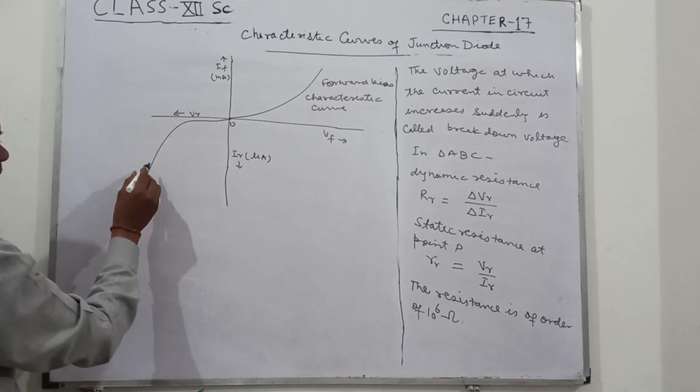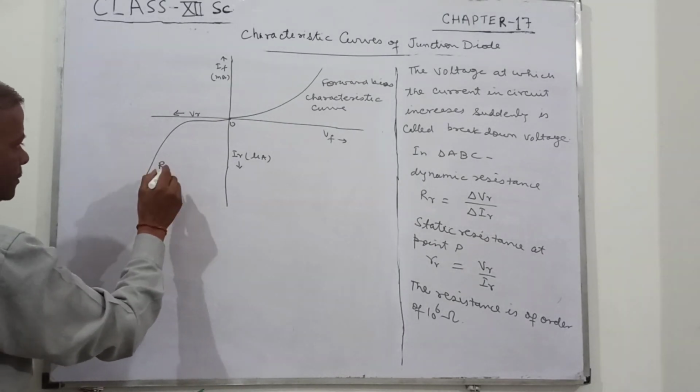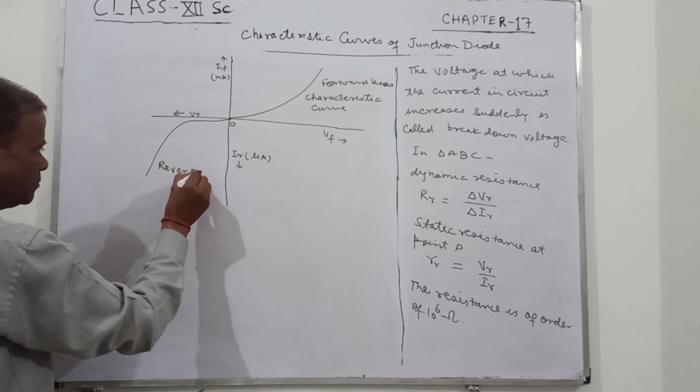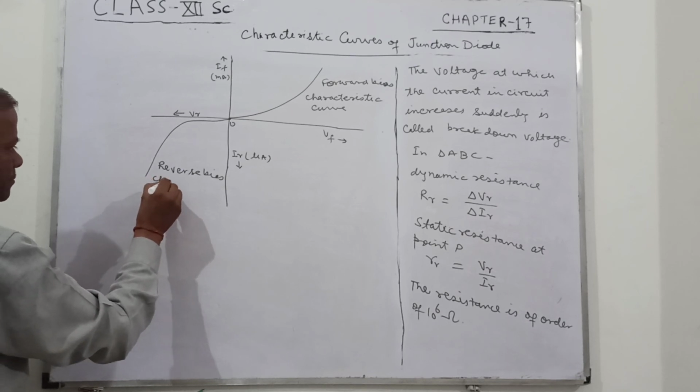And this is reverse bias characteristic curve.